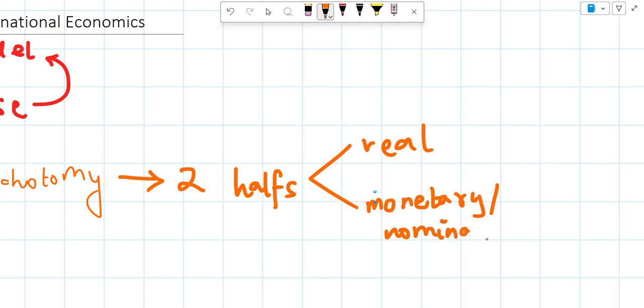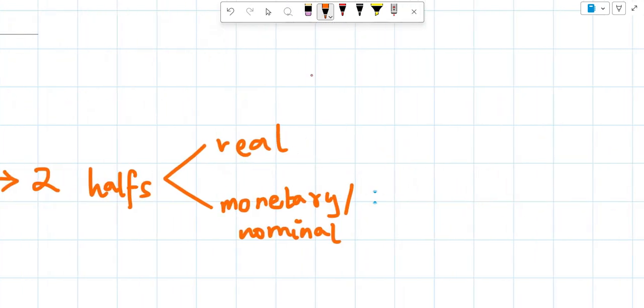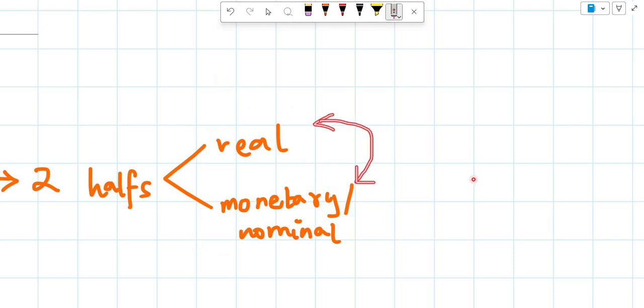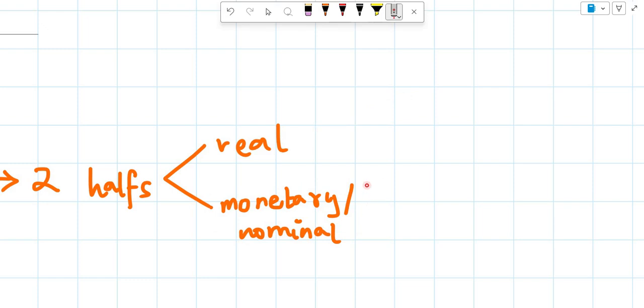Now, the concept of classical dichotomy is that this real sector and this monetary sector are both independent of each other. So if you do something to the monetary side, the real side will remain unhampered. If you increase something on the monetary side, the real side remains the same.